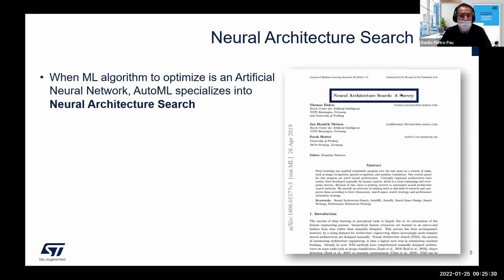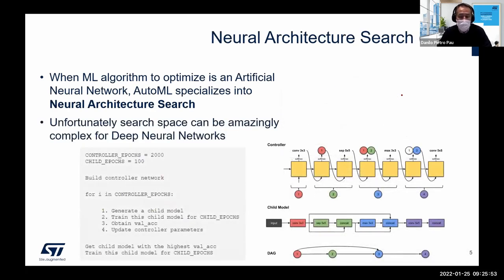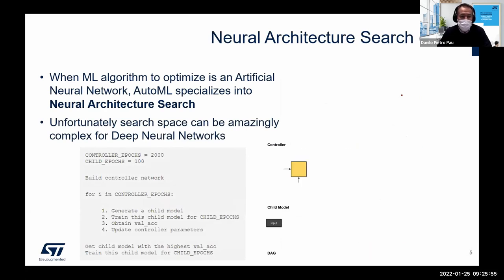When we deal with the subset of machine learning that is artificial neural networks, AutoML specializes in neural architecture search. And the task of searching the best pipeline for a given problem can be an amazingly complex task.